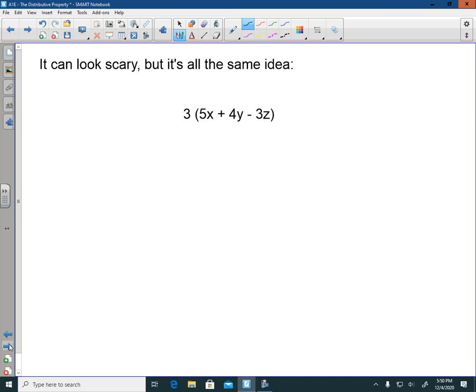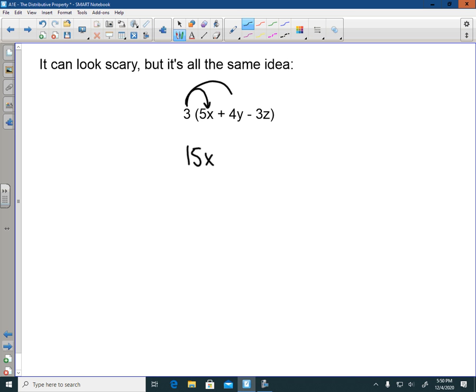So it can get a little bit scary. Now look at how this one's different. We've got 3 times the quantity 5x plus 4y minus 3z, and we want to simplify this a little bit. Well, the idea is going to be the same. In order to get rid of those parentheses, we can't simplify inside the parentheses because 5x, 4y, and negative 3z are just not combinable. They're not like terms. So we're going to get rid of the parentheses by distributing the 3 in. And so we have 3 times 5x, or 15x.